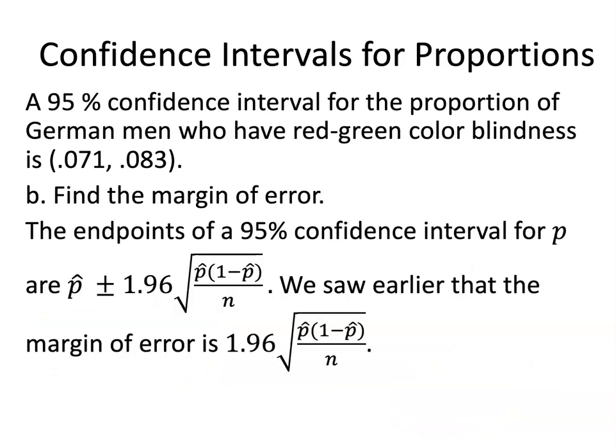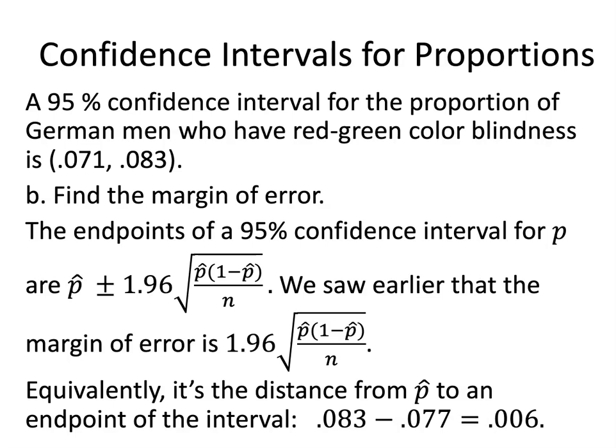Find the margin of error. Okay, we've seen the endpoints of a 95% confidence interval for p look like this. It's p hat plus or minus 1.96 times the square root of p hat (1 minus p hat) over n. And we saw that this is the margin of error. So equivalently, it's the distance from p hat to an endpoint of the interval, because the interval is going to look like this.